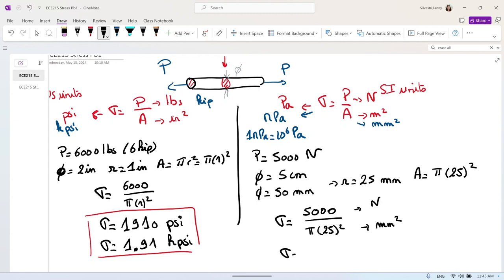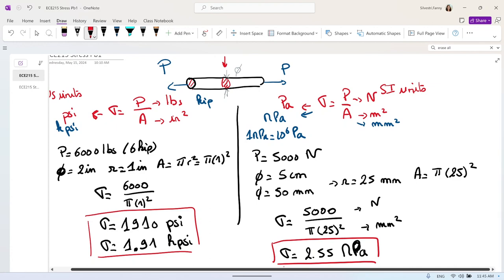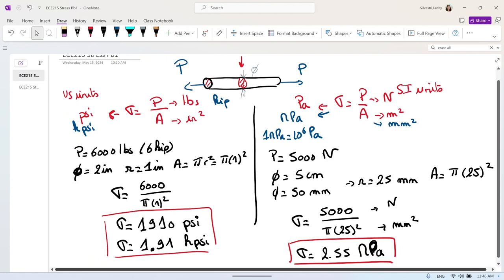So we get sigma equals, find your calculator and type that in, 2.55 megapascals, and that will be your answer. So in this problem, remember the formula sigma equals P divided by A. Remember the units that we use, depending on international units versus US units.